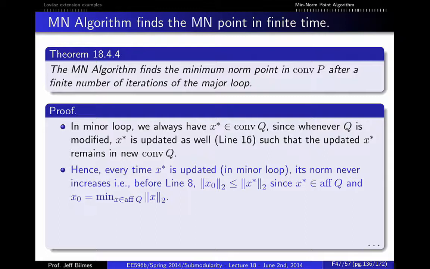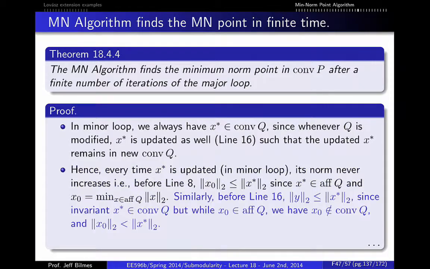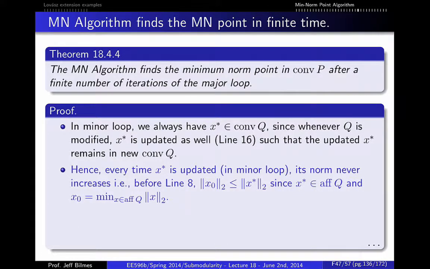Before line 11, we have that the norm of x naught is less than or equal to the norm of x star. The reason is that x star is in the affine hull of Q, and x naught is the minimum over the affine hull.